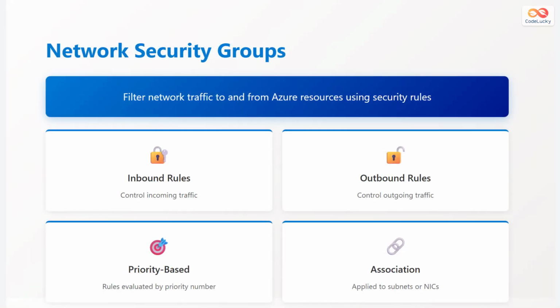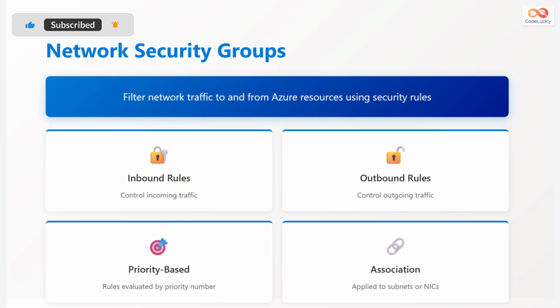Network security groups, or NSGs, filter network traffic to and from Azure resources using security rules. They act as virtual firewalls that control access to your resources. NSGs provide 4 key capabilities. Inbound rules control incoming traffic from the internet or other networks to your resources. Outbound rules control outgoing traffic from your resources to external destinations.